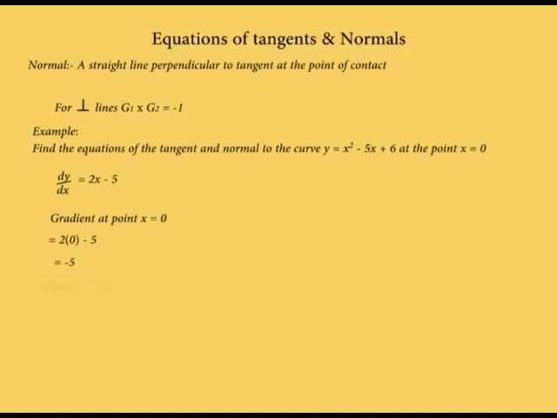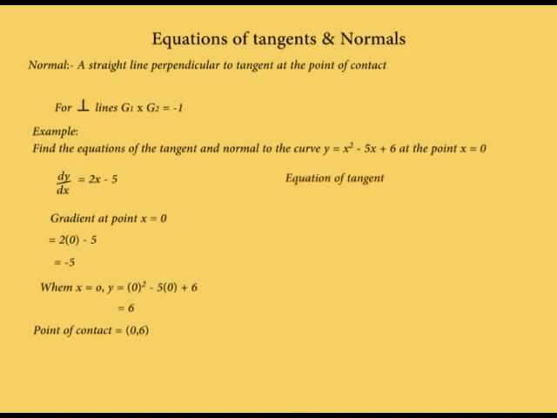So we need to find the corresponding value of y at that point where x is 0 using the equation of the curve. y is equal to x squared minus 5x plus 6. We substitute 0 for x, so we shall have y is equal to 0 squared minus 5 times 0 plus 6, and y is 6. So the point of contact is 0, 6.